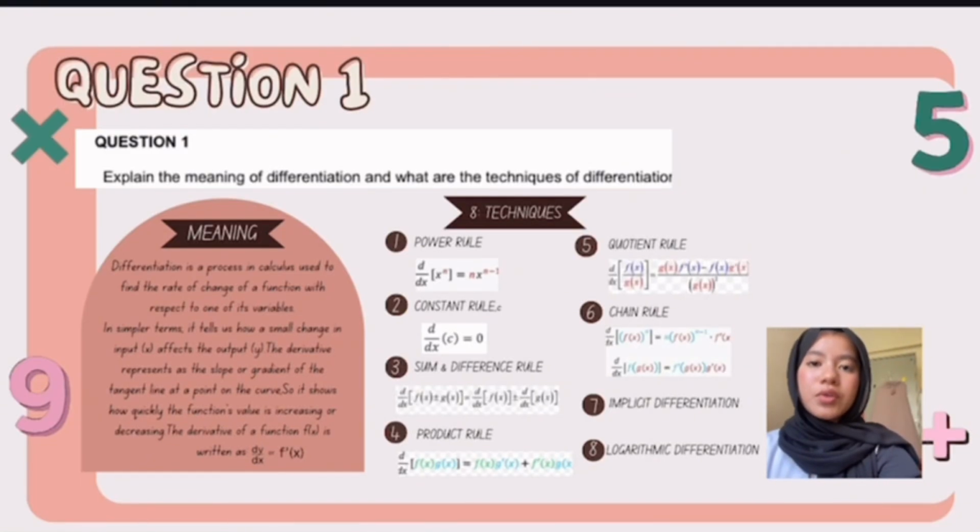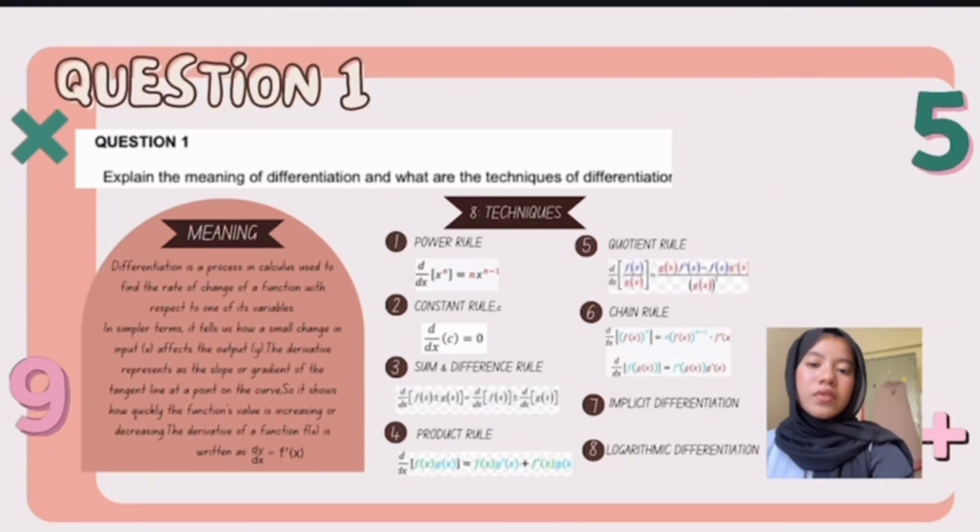Let's move to question 1. For question 1, I will explain the meaning of differentiation and the techniques of differentiation. Differentiation is a process in calculus used to find the rate of change of a function with respect to one of its variables. In simple terms, it tells us how a small change in input x affects the output y.